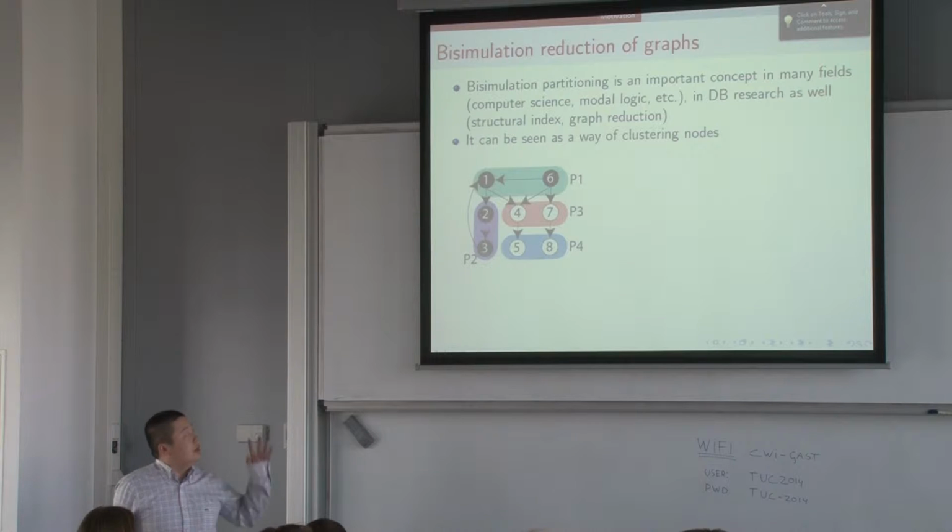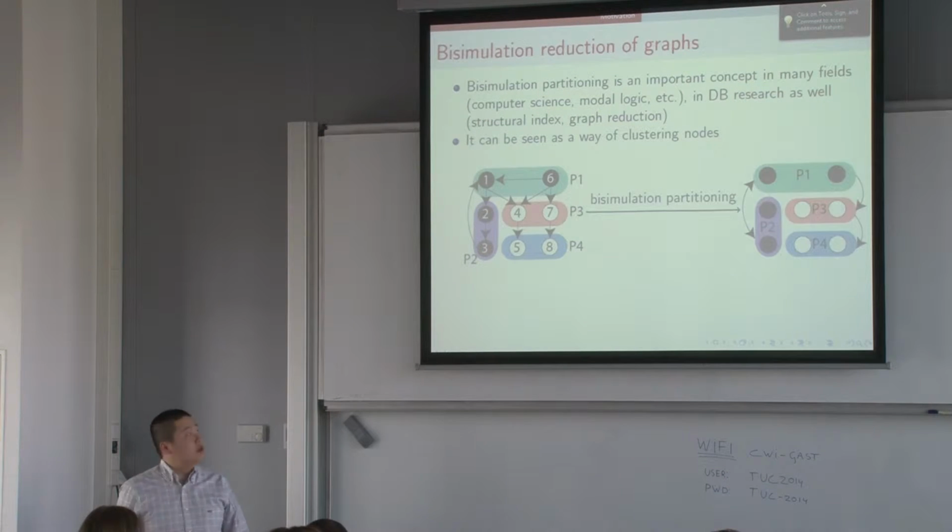For example, in the picture, we have 9 nodes, and they are grouped by this bisimulation relation. By applying this method, we can group them into 4 groups, and when we merge the edges between the groups together, we will have a smaller graph which will only have 4 nodes and 4 edges.